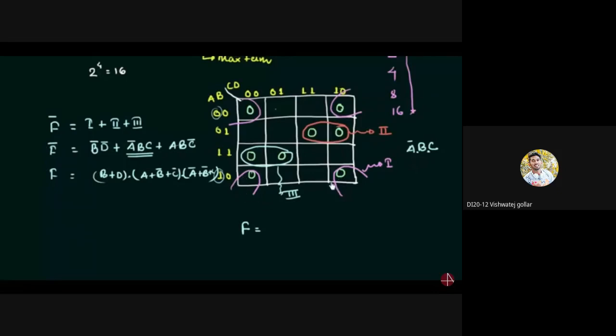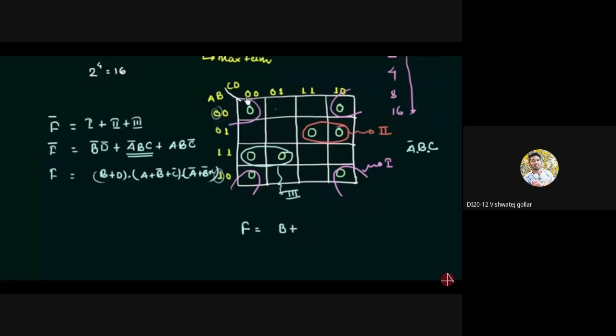In the first group, you can see that A is changing from 1 to 0, so it is not included, but B is 0. So I'm not going to write B complement, because it is 0, I will write it as B. And I'm not going to use this AND operator, but I'm going to use this OR operator.